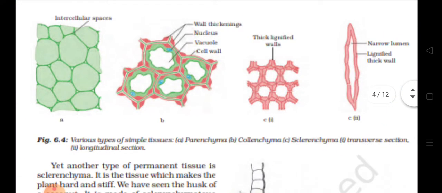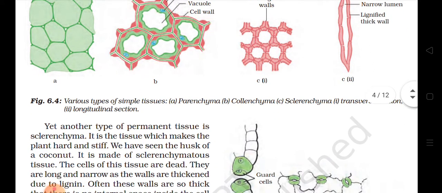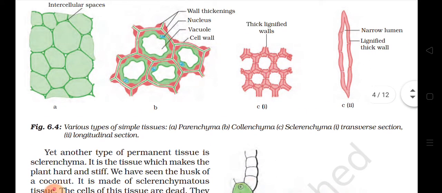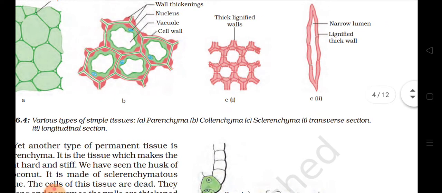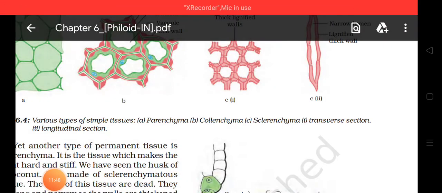Now, collenchyma provides mechanical strength to the plant, whereas sclerenchyma is protective in nature. It protects the plant from getting destroyed.